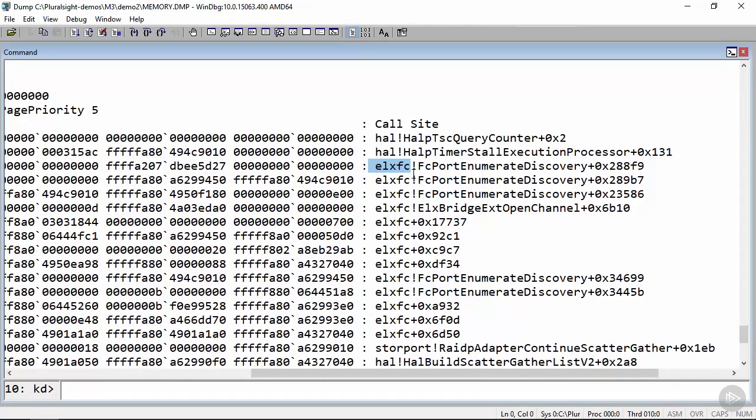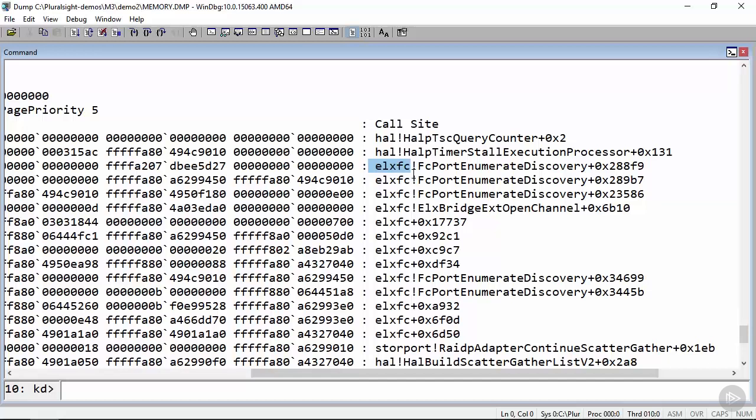Well, to make a long story short, it was indeed this ELX FC driver that was at fault. It had essentially discovered a dead HBA that wasn't responding, so it kept trying to enumerate the various devices out there. Because it held on to the IO lock, the other threads that were trying to do stuff like store port were also stuck.